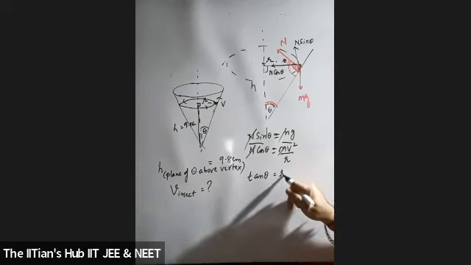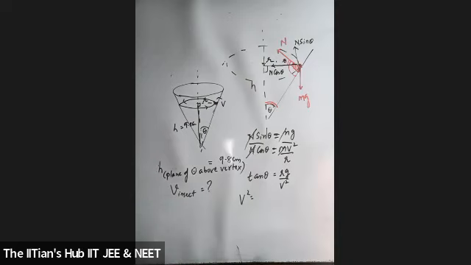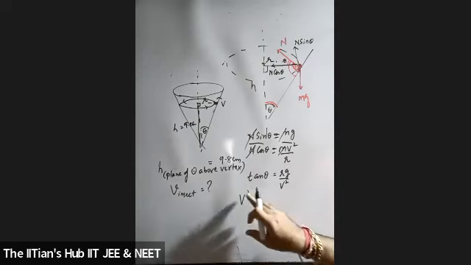Is that clear? So that will be equal to what? rg upon v square. What is v square equal to, students? tan theta. So now can I say v square is equal to rg upon tan theta, students? And v is equal to what?